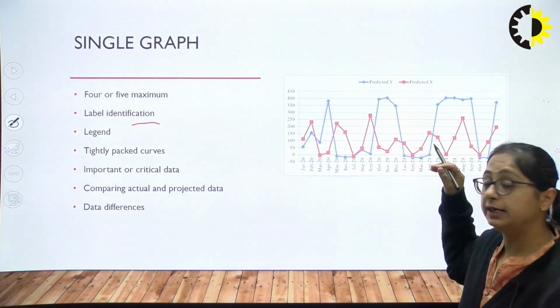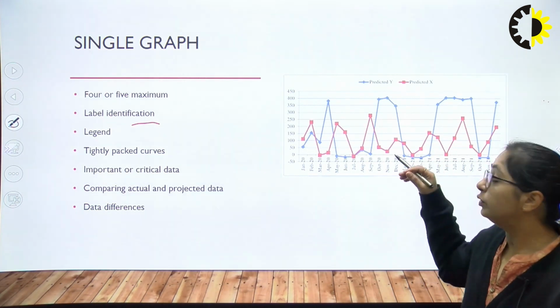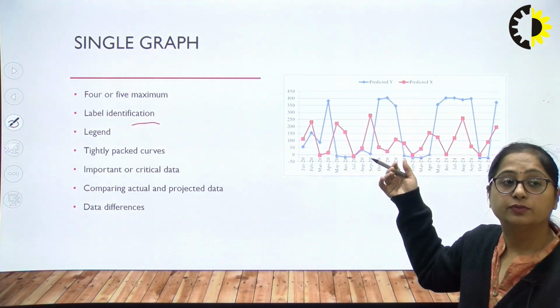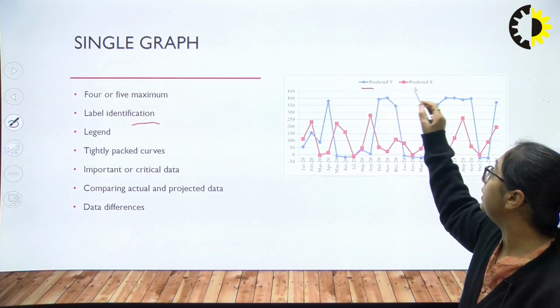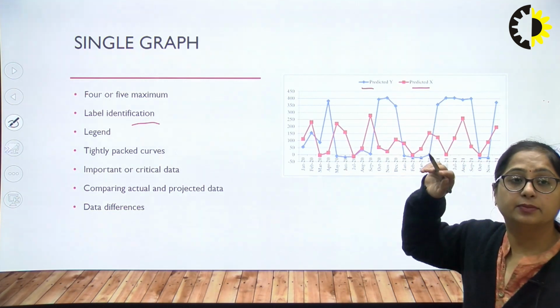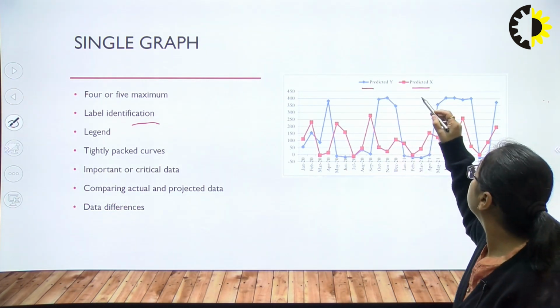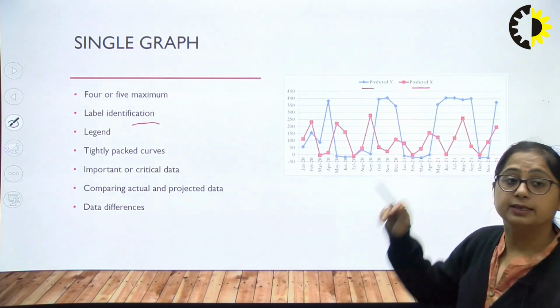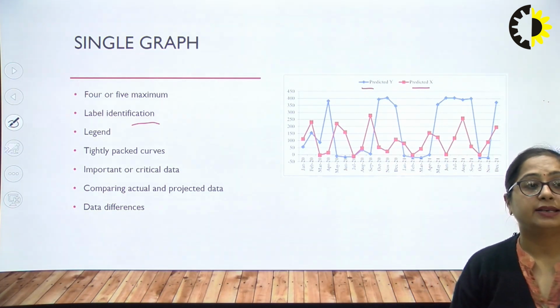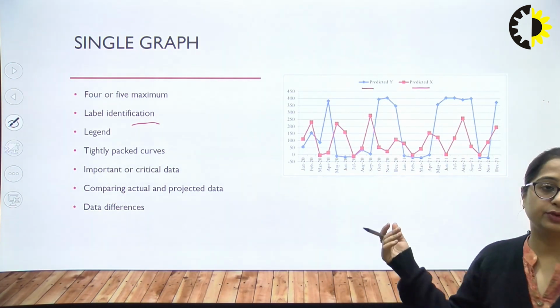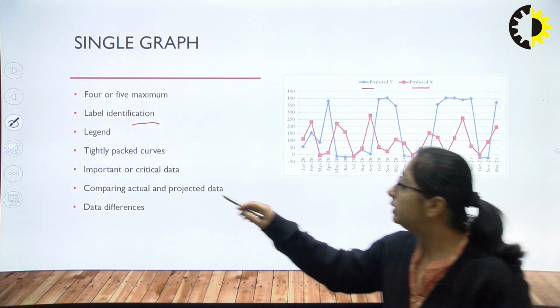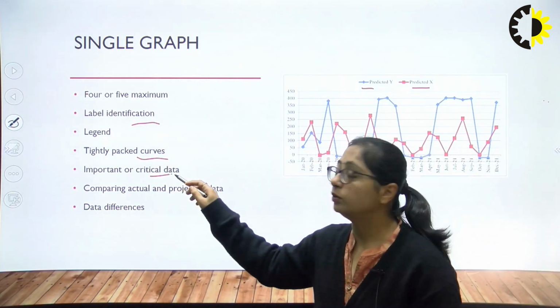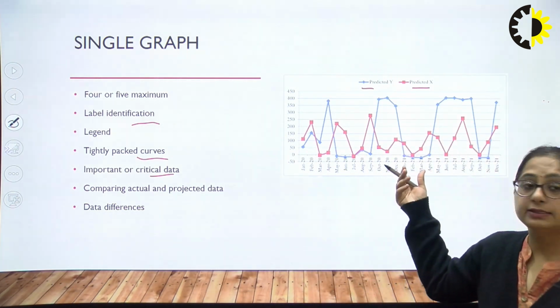It will be very difficult to understand which line is for what. So for that we use labeling, that is, red is labeled for this and yellow is labeled for that. It must also be a tightly packed curve, because there are 4 or 5 lines in a single graph. Important or crucial data we place here.